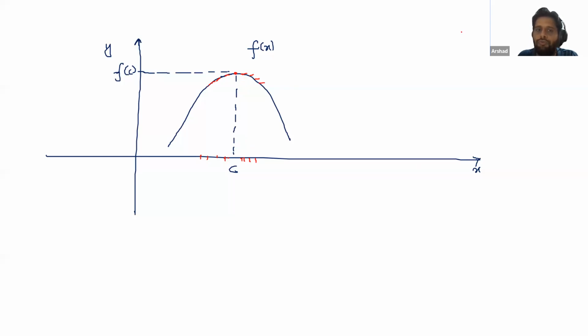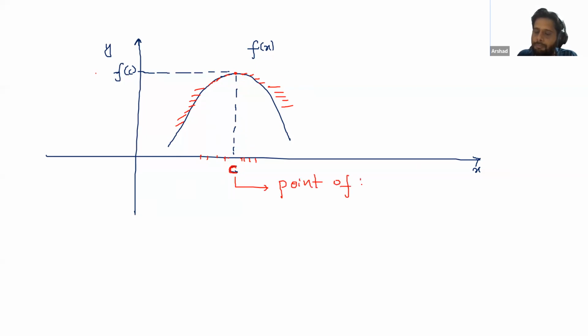So we say that at point C the function has the maximum value. If we check the left side and the right side, and at this point the function has the maximum value, then we say that f(C) is the maximum value of the function, and this C is called the point of maxima.